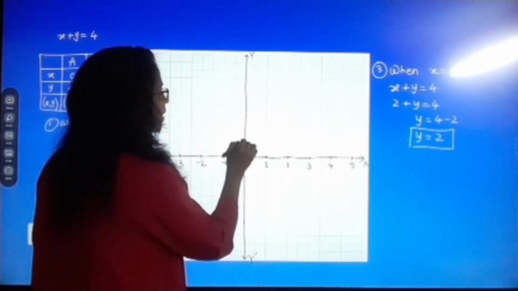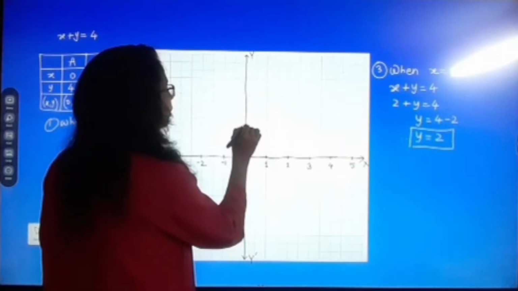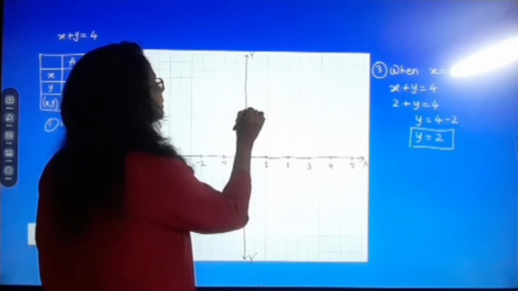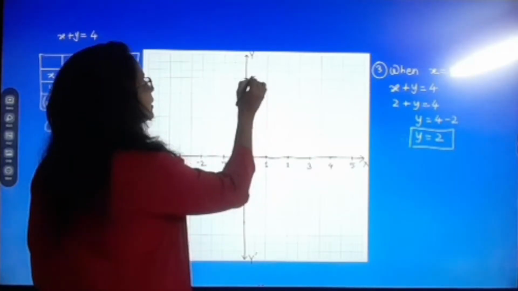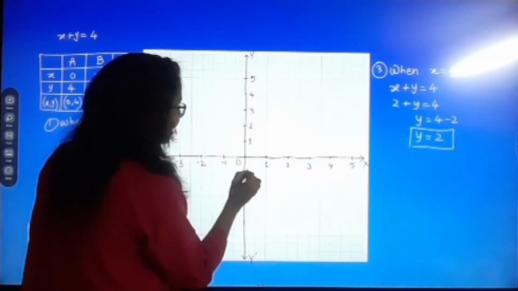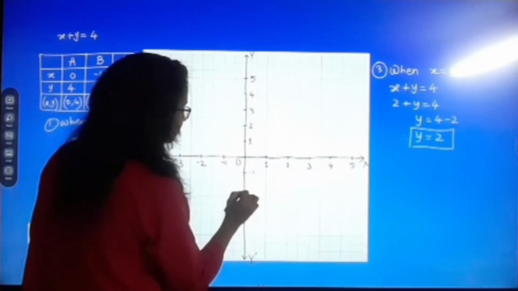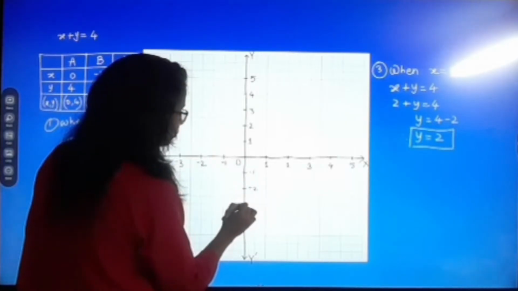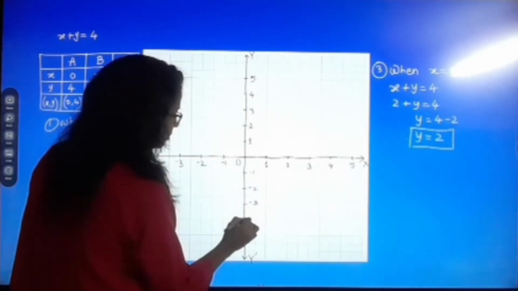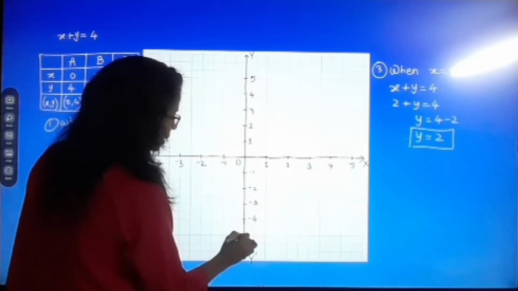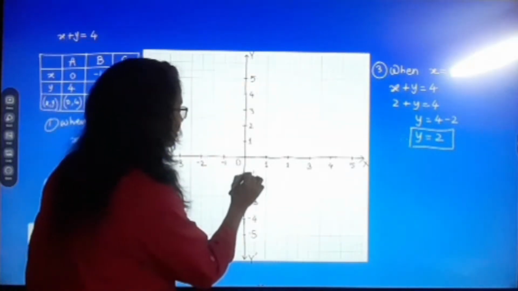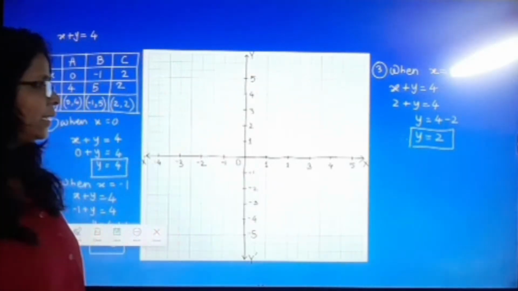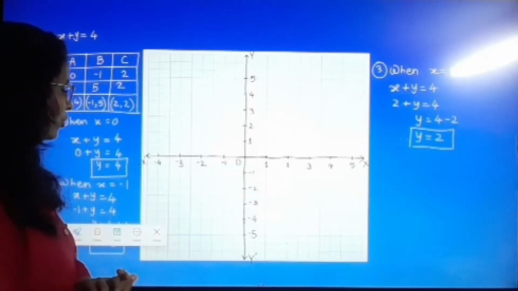Then here upper side, 1, 2, then 3, 4, here 5. Then lower side of the y-axis, minus 1, minus 2, minus 3, minus 4, minus 5, such a way. Then here plot the graph coordinates.